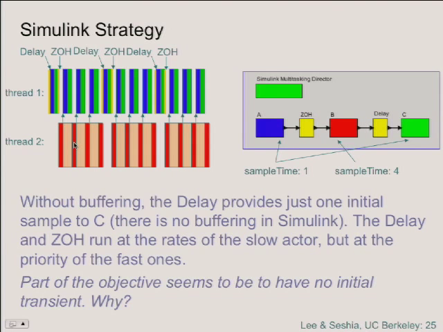And again, Simulink has this clever technique that even though the delay runs at the low rate, they run it in the high priority thread, and that avoids an interlock, but again creates code that will not work on a multi-core machine. Okay?